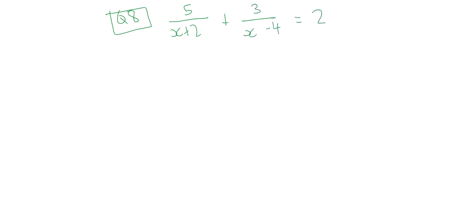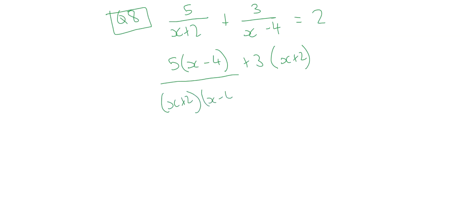So we need to do what we did the other day and get common denominators. So I'm going to make this 5 times x minus 4 and 3 times x plus 2, right? And then this becomes x plus 2, x minus 4, and so does this.